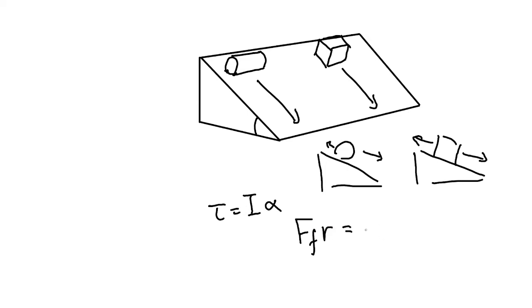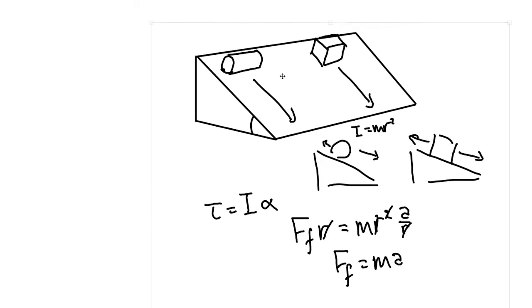It's going to be equal to mr squared, because that's the moment of inertia of a hollow hoop or a tube or something like that, times our angular acceleration, which is going to be a over r, right? So after a bit of canceling, we can determine that our frictional force is just going to be equal to ma, right?